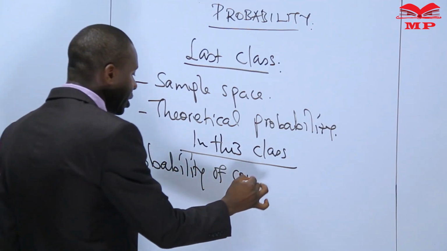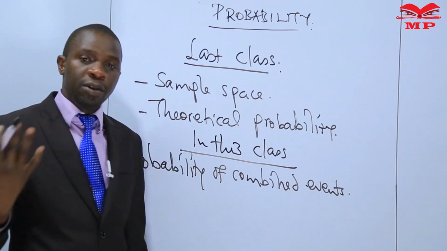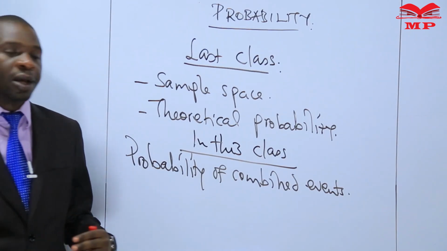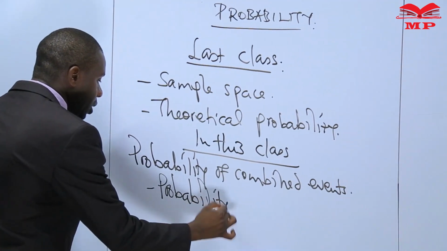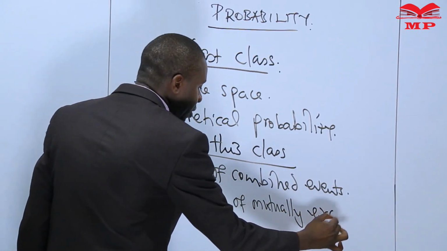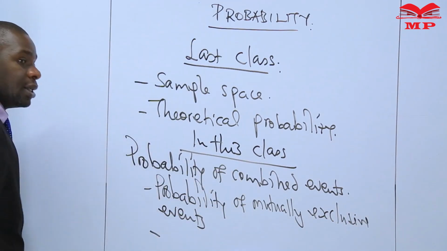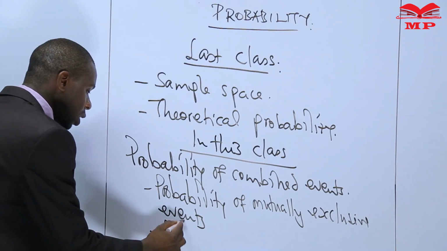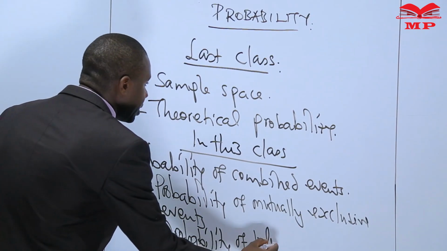In looking at probability of combined events, we are going to look at probability of mutually exclusive events, and at the same time, probability of independent events.